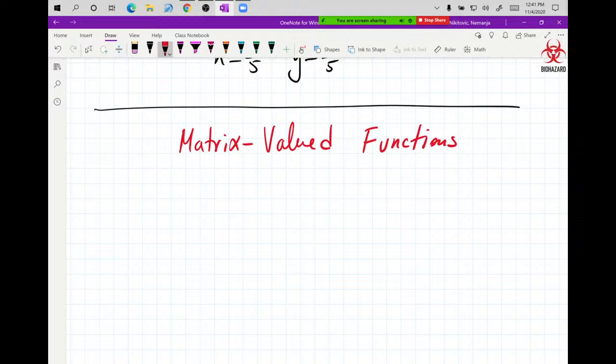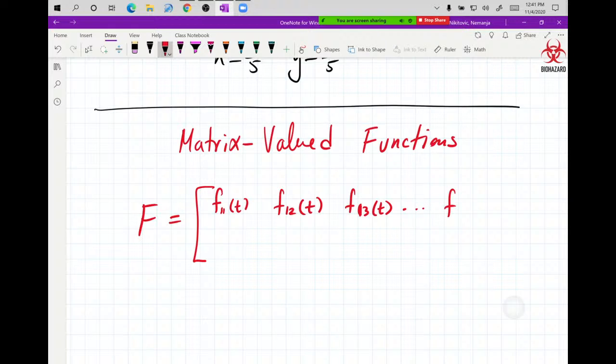So you can say that big matrix F is equal to some f11 of, let's say, t, f12 of t, f13 of t, blah, blah, blah, f1n of t, and then go all the way down to get to fmn of t, right?